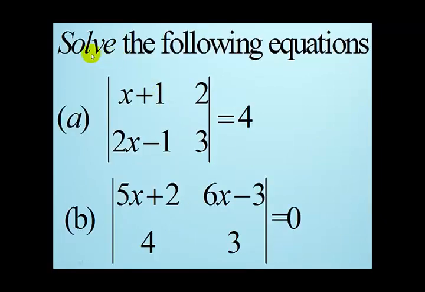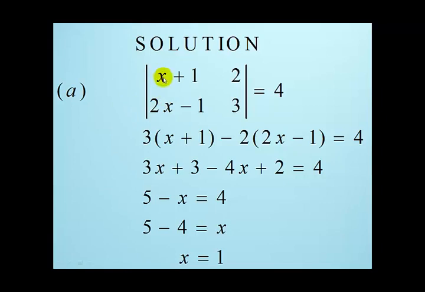Example, solve the following equations. Here you have to solve the following equations, but the symbol we see is a determinant symbol. That will tell you to find the determinant, and in finding the determinant, you solve for the equation. Now, we have the determinant of [x+1, 2; 2x-1, 3].